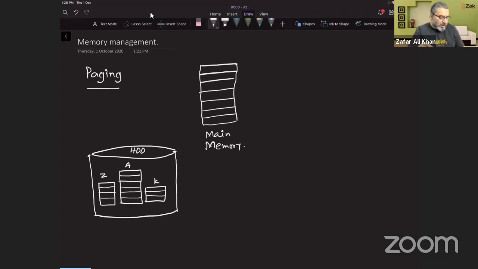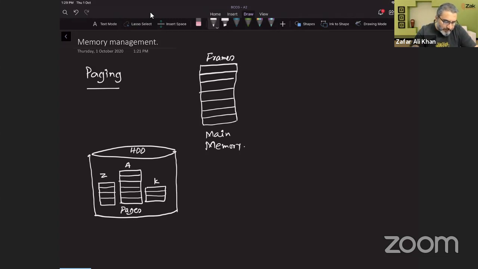Physical memory blocks are known as frames and fixed size logical memory blocks are known as pages. So these in main memory are called frames and over here they are called pages. All right, so let me revise. Physical memory blocks are known as frames and fixed logical memory blocks are known as pages.